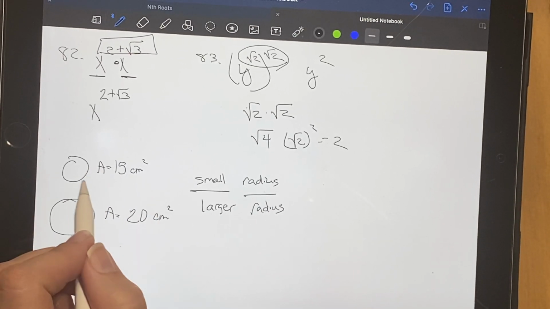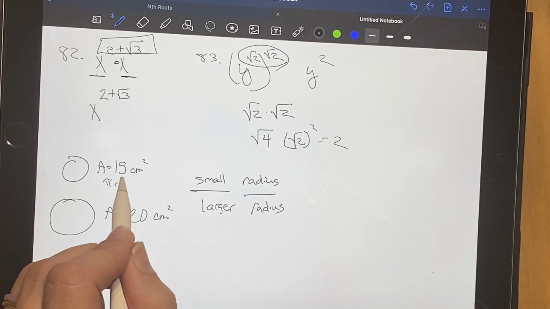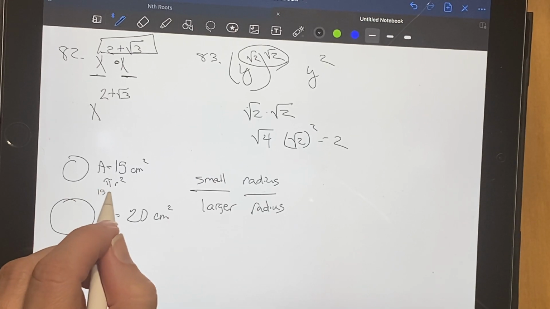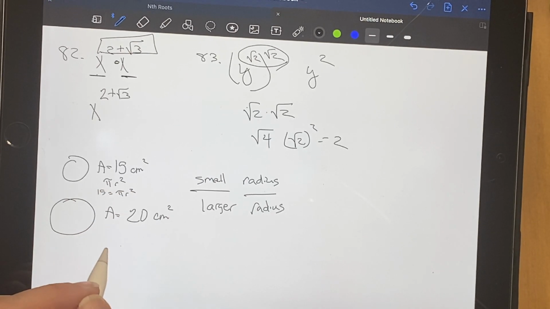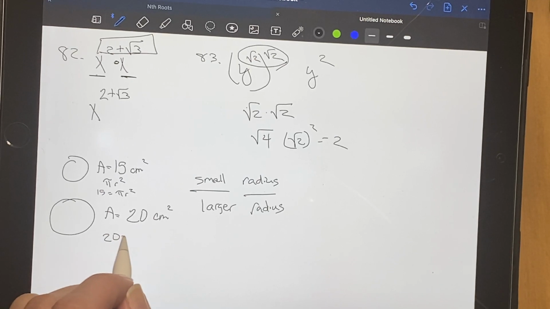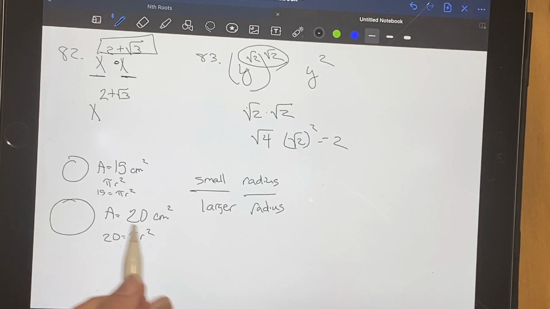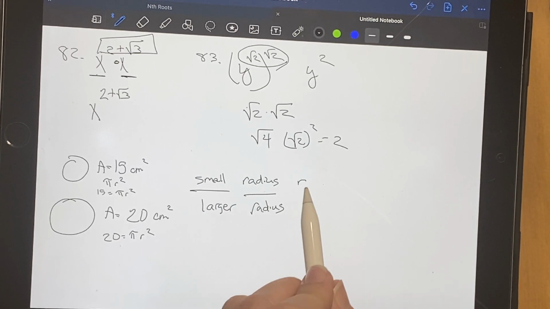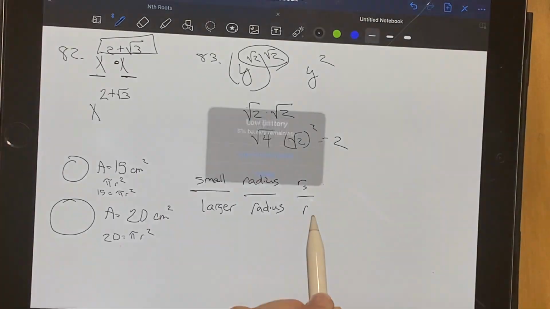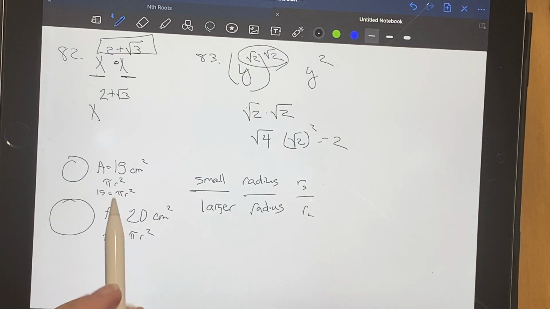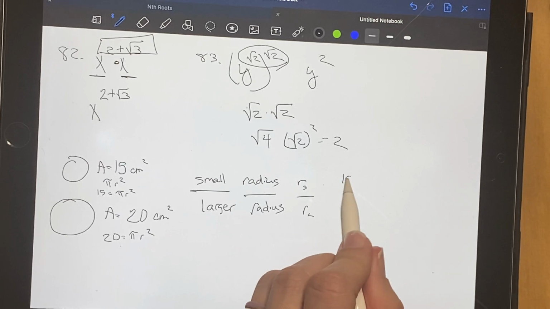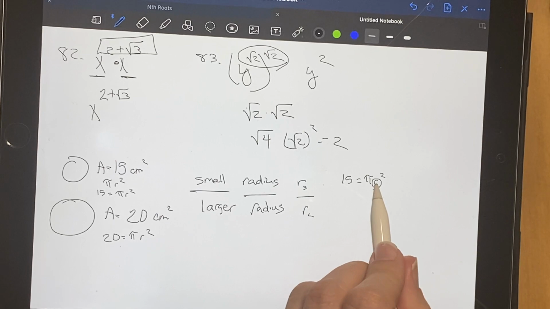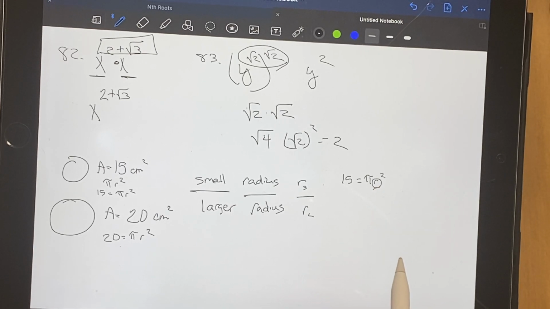Well, right here for area, I know that a circle is pi r squared, the formula. So here I've got 15 equals pi r squared. And this one I've got 20 equals pi r squared. So my radius on the top, I'm going to solve for r of the small one and solve for r of my large one. So you need to take 15 equals pi r squared, and we're going to solve for r. How do we get r all by itself?